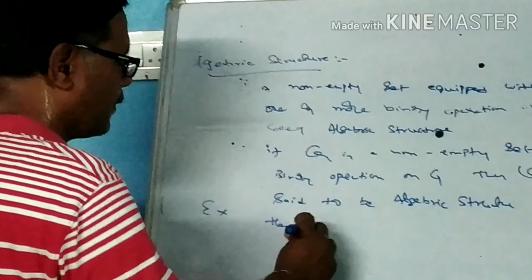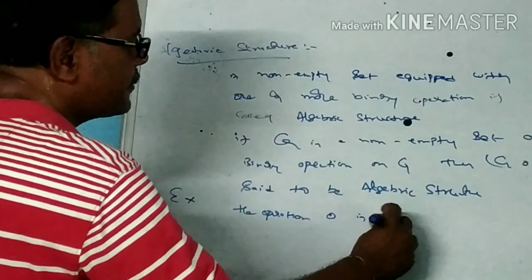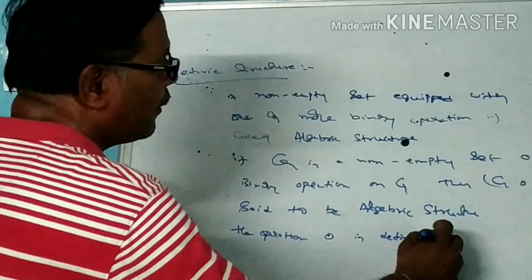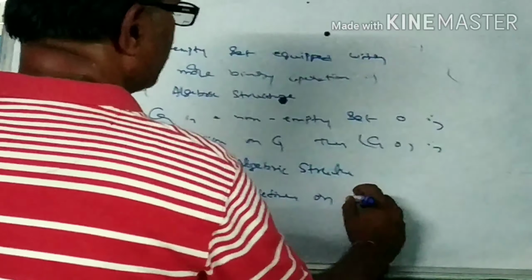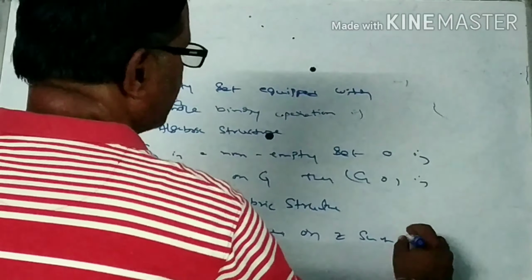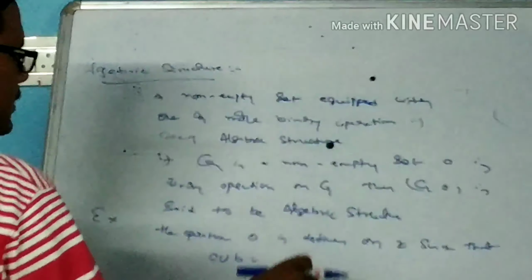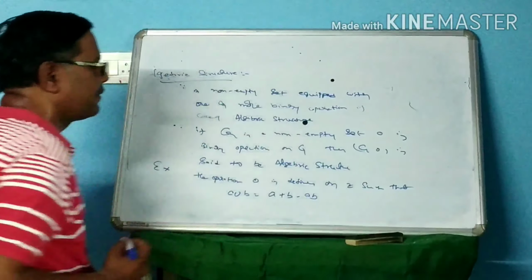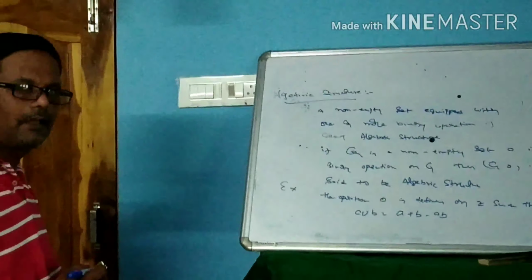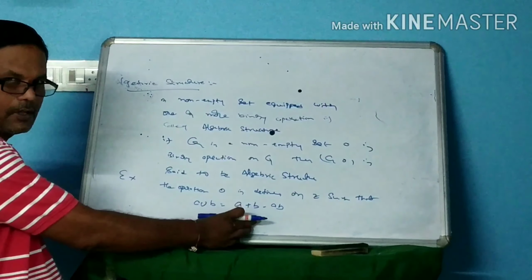the operation circle is defined on Z such that a circle b is equal to a plus b minus ab. In the previous lesson we learned this example also.